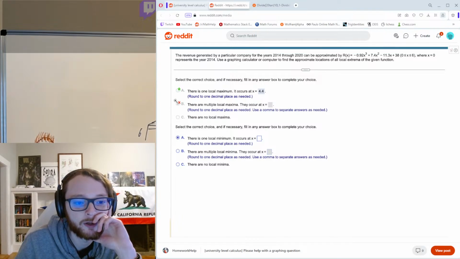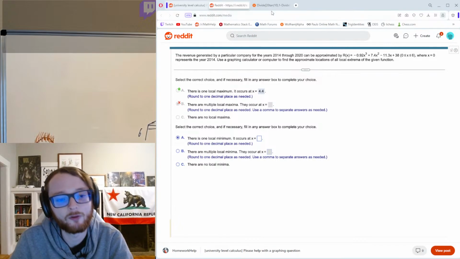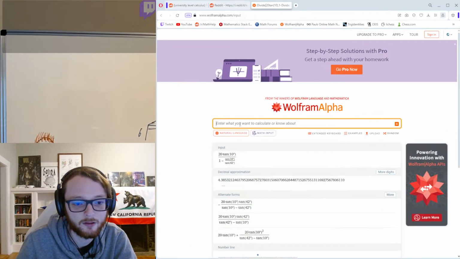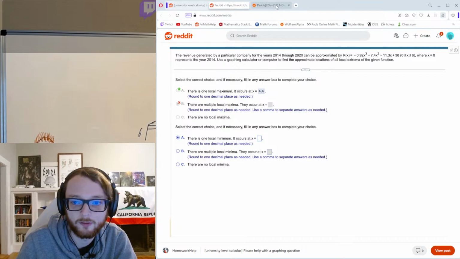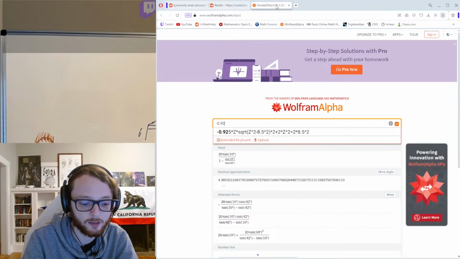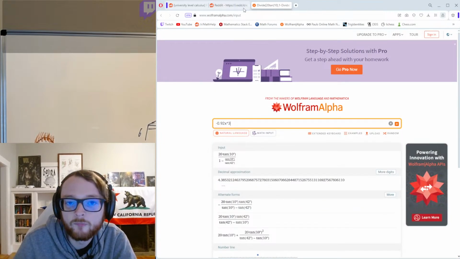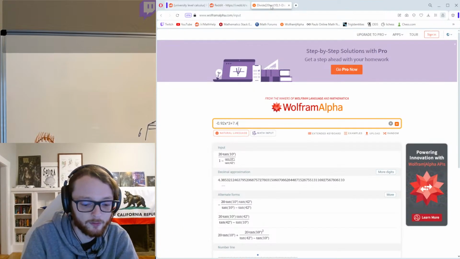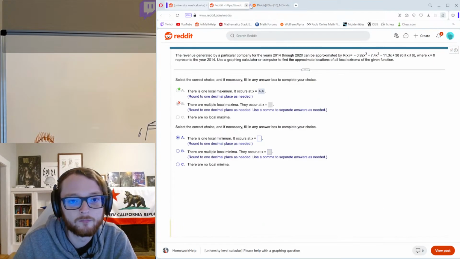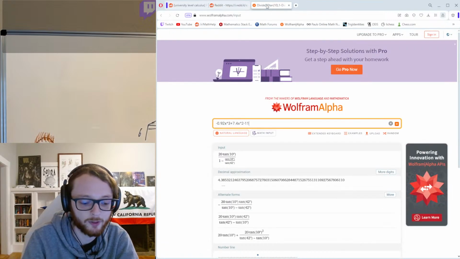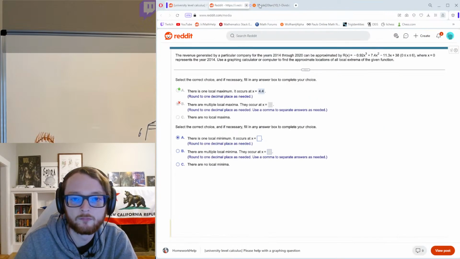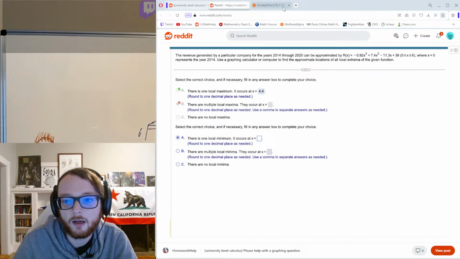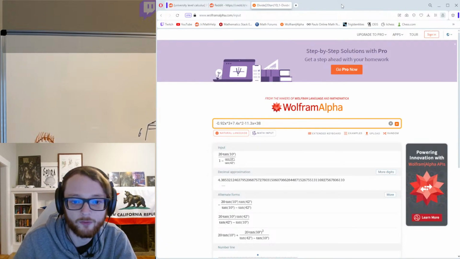They said B, but it was A. I wonder what their holdup is, but 0.92x cubed plus 7.4x squared minus 11.3x plus 38. And then we do have a constraint: 0 is less than x is less than 6.